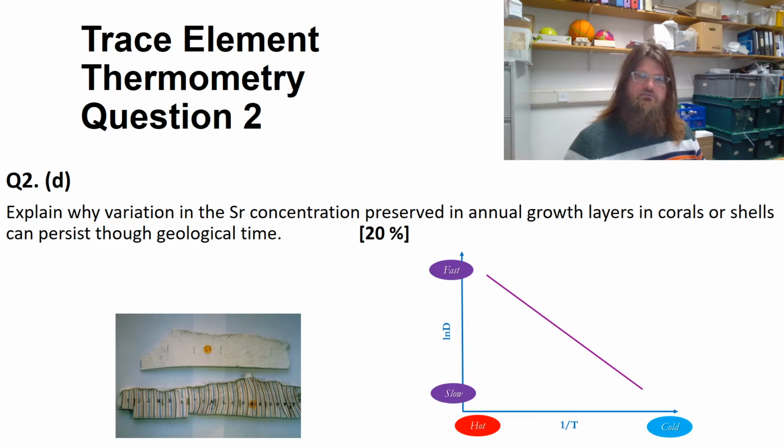To get it to diffuse fast enough to change its element ratio on any sensible geological timescale, you have to get the sample very, very hot, which would effectively destroy the coral anyway.